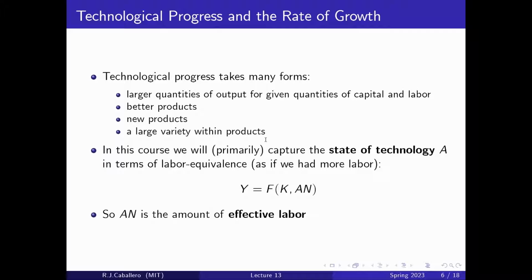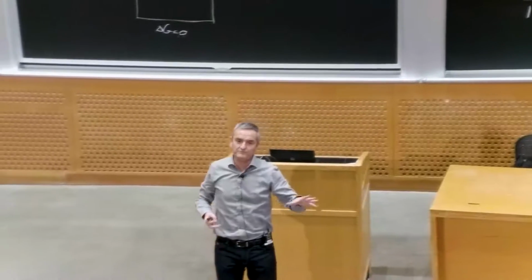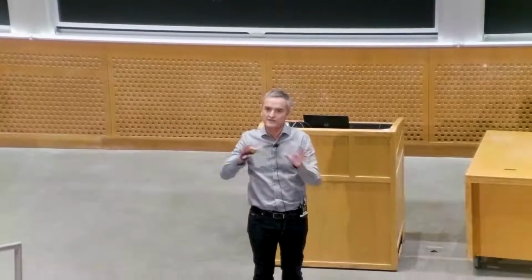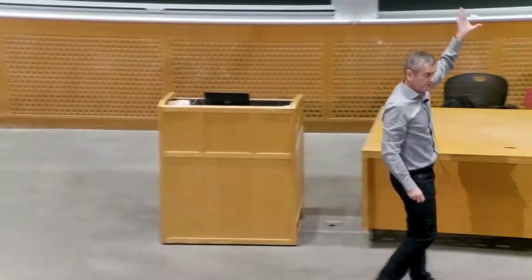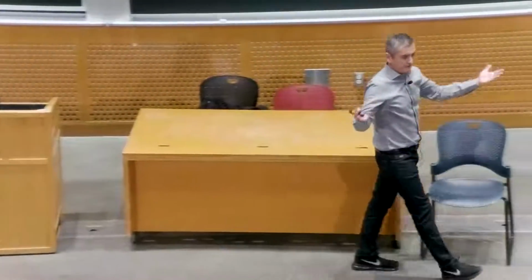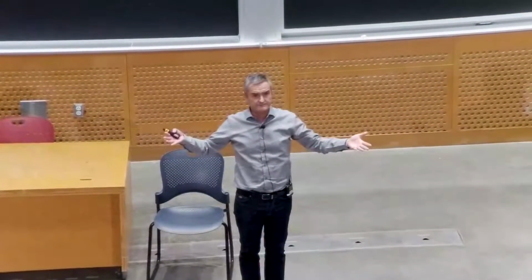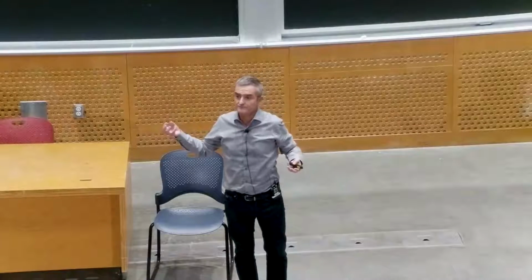Okay? That's just one way of modeling it. I can do it in many different ways, and many of these are equivalent. But that's a very nice way of modeling, so we can use exactly the same diagrams we had and so on. Okay? So you can think of technological progress, the way I'm going to model it here, as if this economy was receiving more workers. Or, a more accurate description is, with the same workers, it can produce as if it had more labor input.